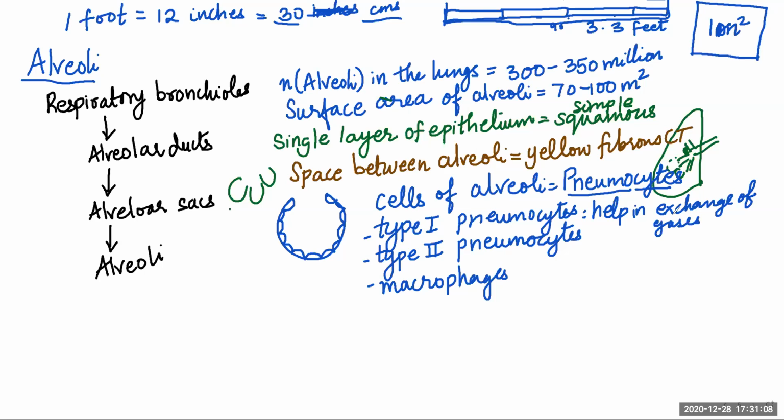Then, type 2 pneumocytes are special cells which are called Clara cells. In fact, they also feature like macrophages, but let me talk about the function of type 2 pneumocytes here.